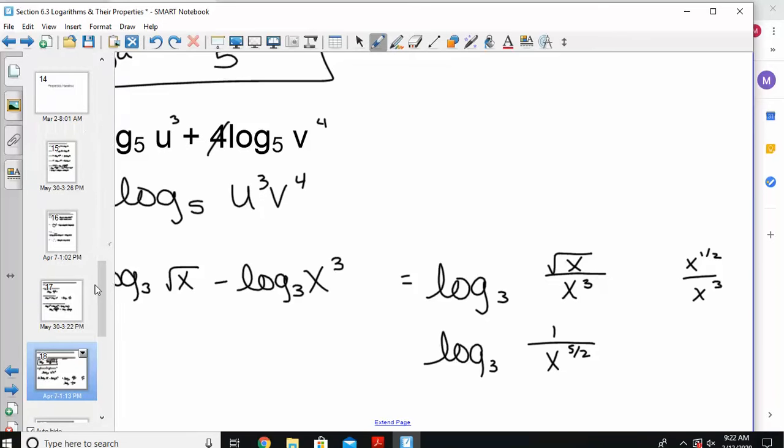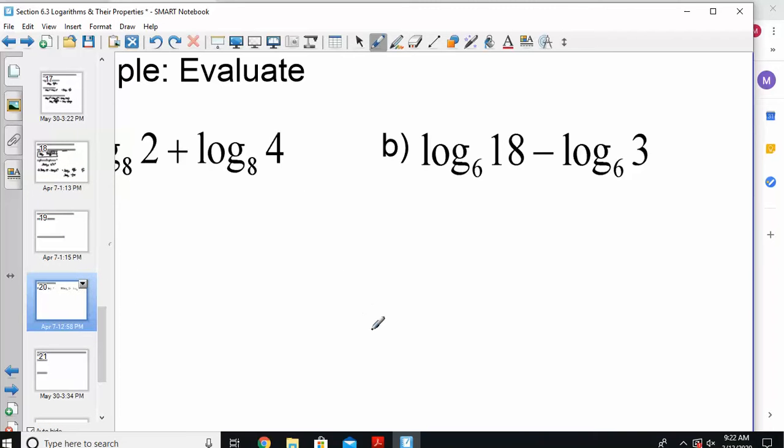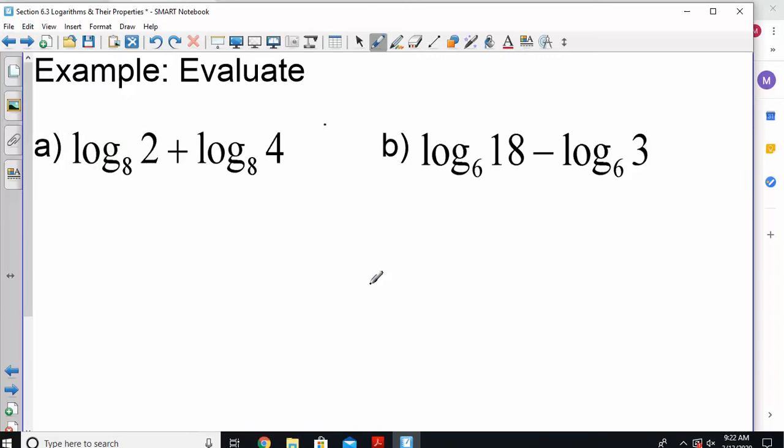I'm going to put a problem up here. I want to evaluate without using a calculator. So log base 8 of 2 plus log base 8 of 4. If you're thinking about yesterday, that means 8 to what power equals 2, and you might know that.